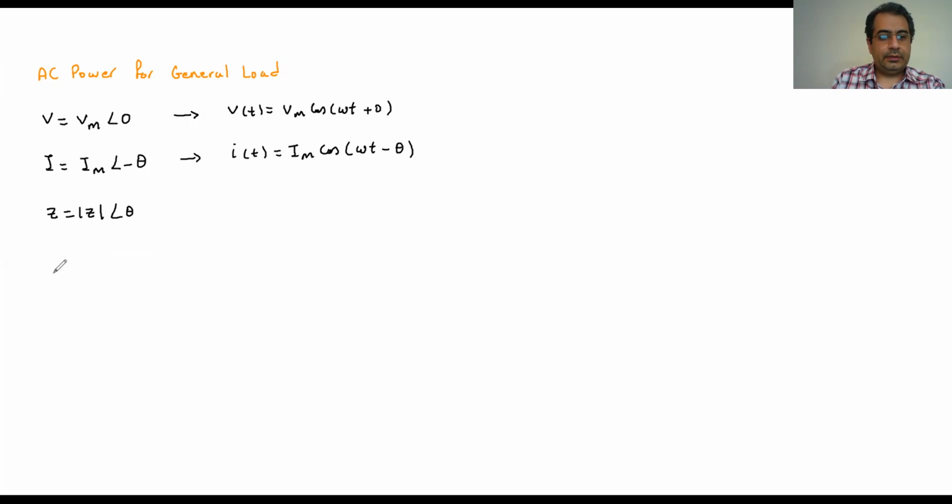Now if I want to write the instantaneous power, p(t) is going to be v(t) times i(t), which in this case is Vm cosine omega t, not writing the 0, times Im cosine omega t minus theta.